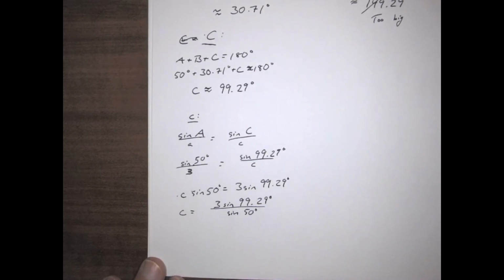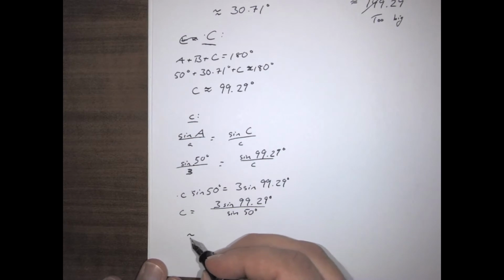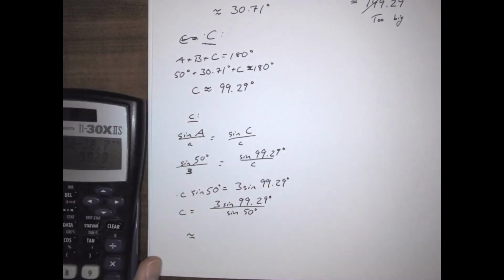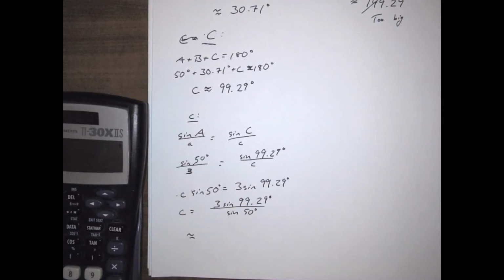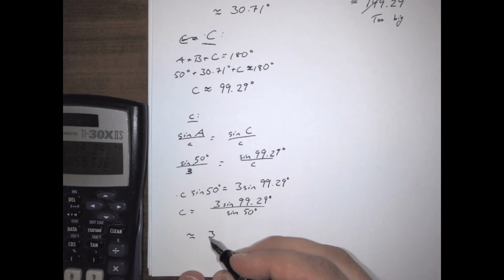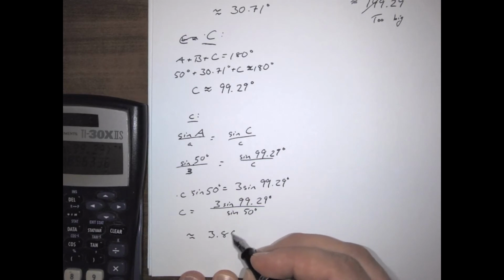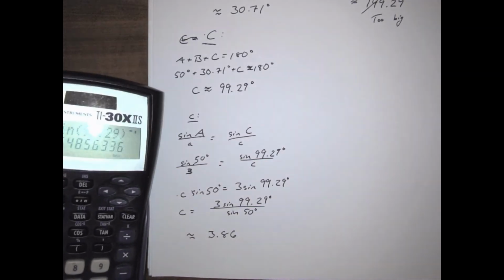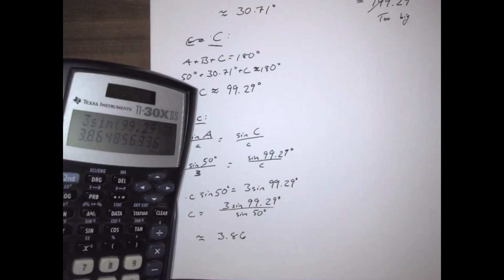And that's going to give us our answer here, which is going to be 3 sine 99.29 divided by sine 50, which is going to be 3.86 if I round to the hundredths place.